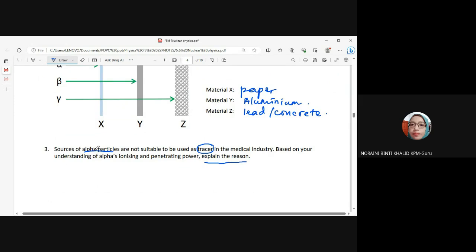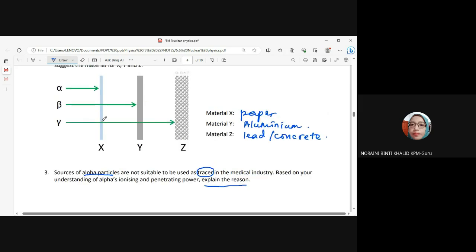Bila ada new tissue, maybe dia boleh cause the growth of new cell that is cancer. Jadi actually alpha is very dangerous. So ini satu benefit sebab this can be stopped by a piece of paper. Kalau you pakai baju pun dia tak boleh masuk. Itu ada dari segi benefit kepada manusia lah.